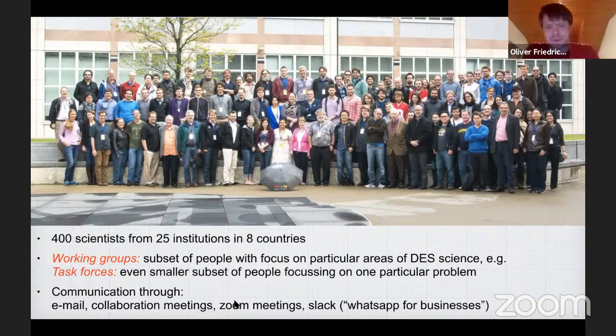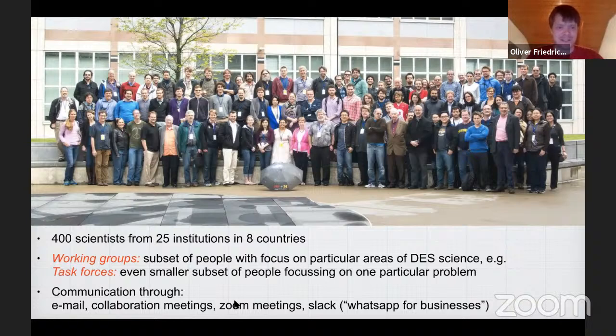And the point here is really that these working groups within which we are organized, even individual working groups, would actually span different countries and different institutions. So it's not like, I don't know, the working group on galaxy evolution is just situated in Germany and some other working group just in the UK. Each working group will really consist of a vastly diverse and different group of people.